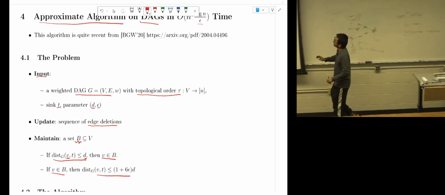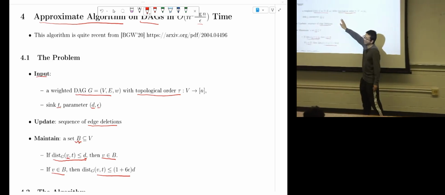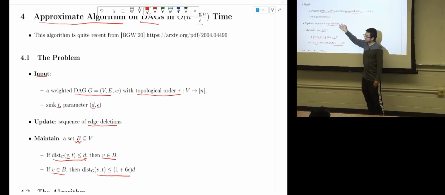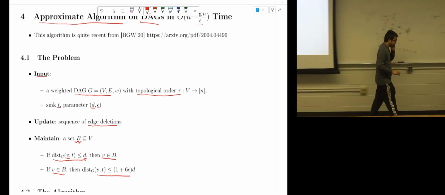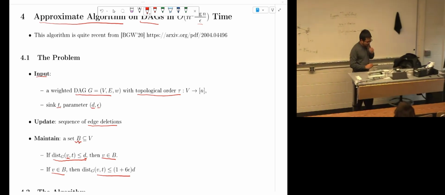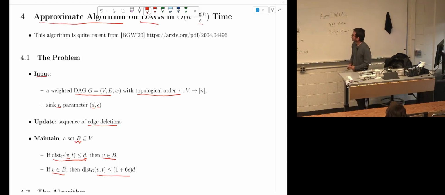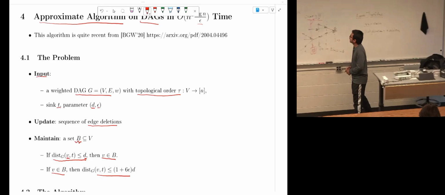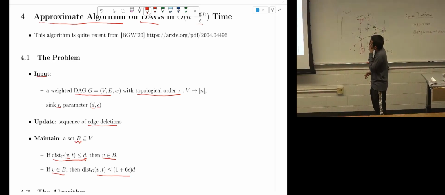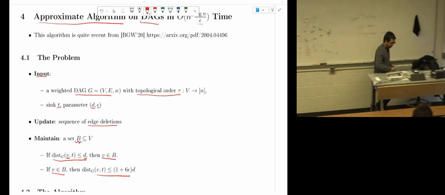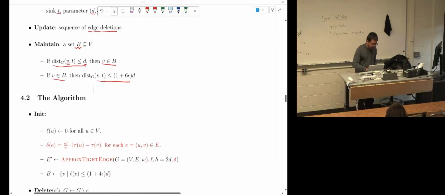But now we're going to see the algorithm for DAGs, which is faster, it's n square. The algorithm is basically similar.